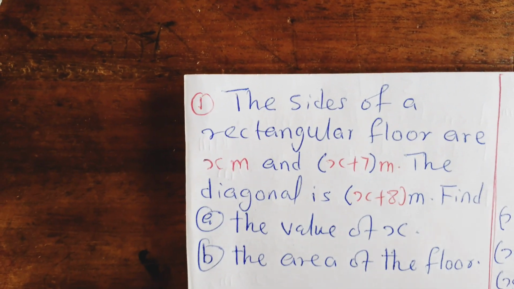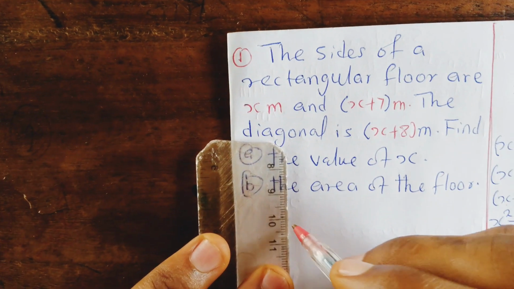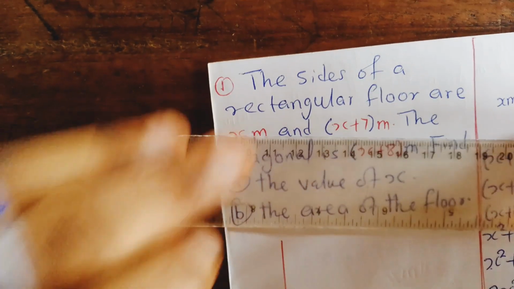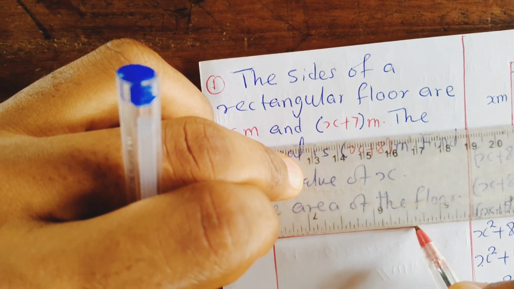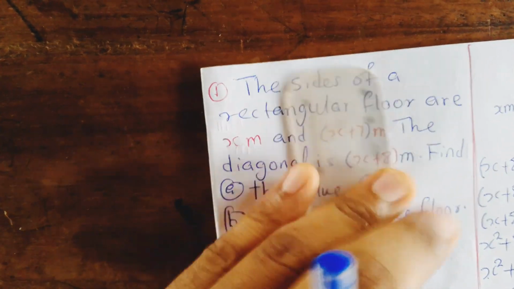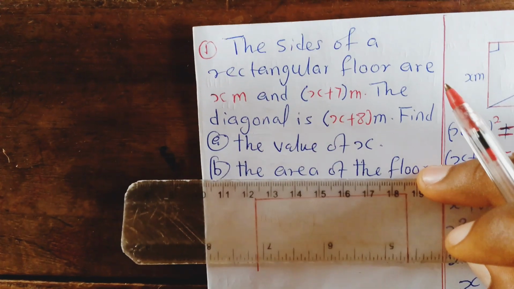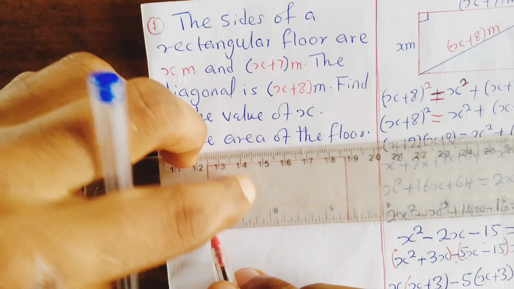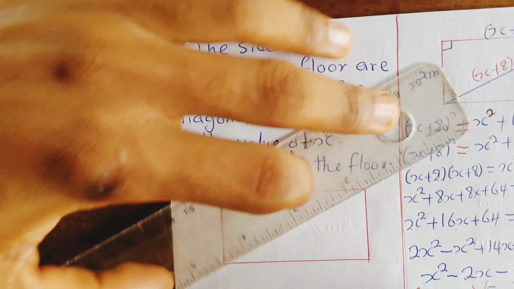So let me redraw this diagram here and show you something. Don't forget, the diagonal is here.